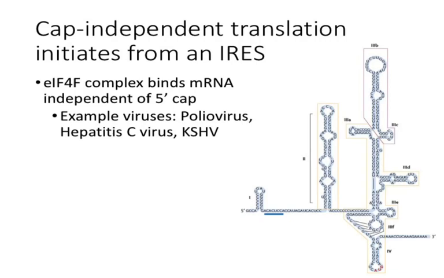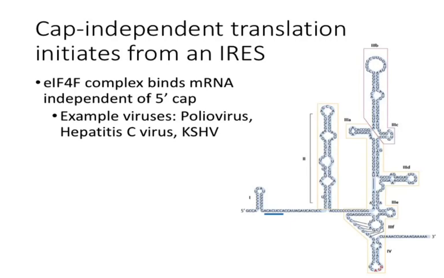There does not seem to be any sort of pattern as to what these look like. This is the example from hepatitis C virus. And somehow this structure right here can bind to, for example, the eIF4G to help still recruit the ribosome.